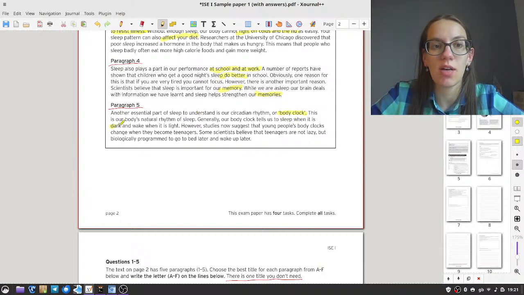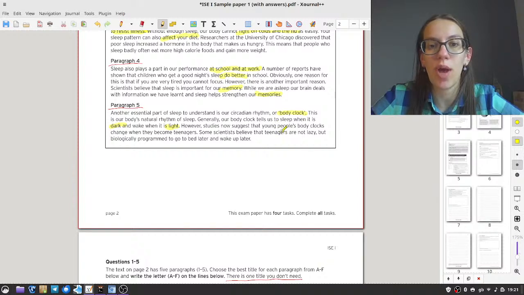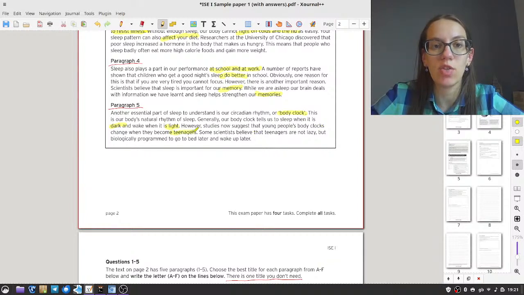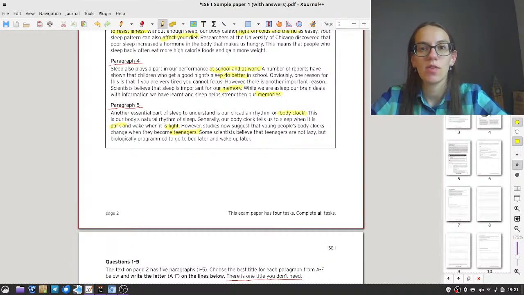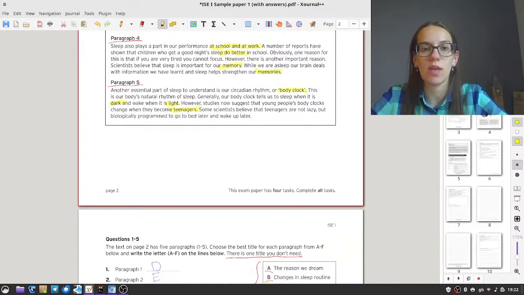When it's dark and when it's light, and also how it changes throughout our life. Young people's body clocks change when they become teenagers, so it's different for teenagers. So we have some changes here.